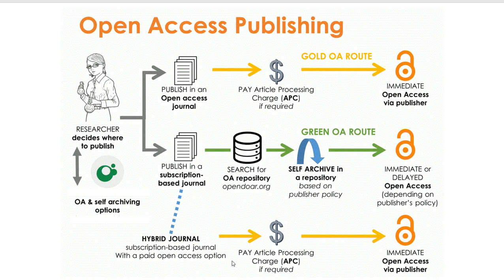Next, open access publishing. If you want to publish your article, you can choose either open access mode or non-open access mode. As a researcher, you decide where to publish: either an open access journal or a subscription-based journal. In an open access journal, you pay article processing charges.